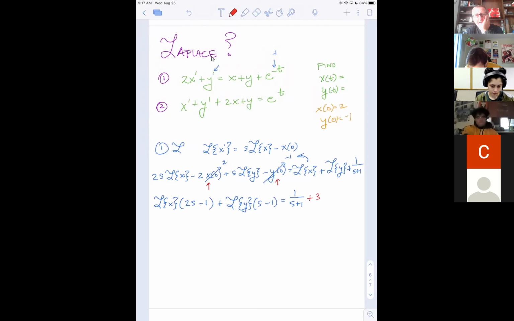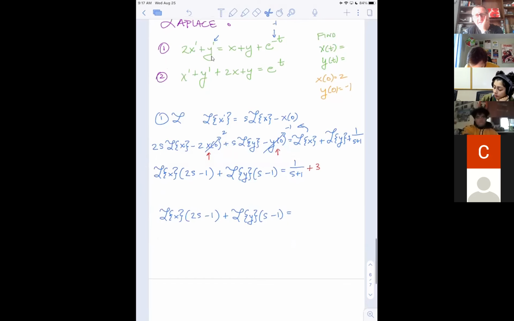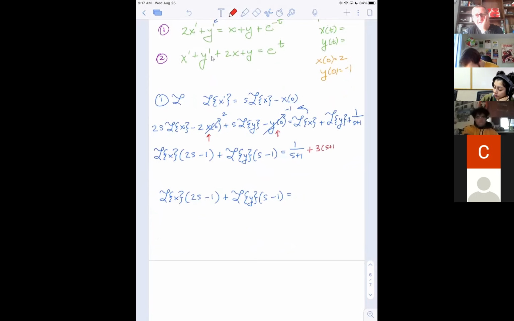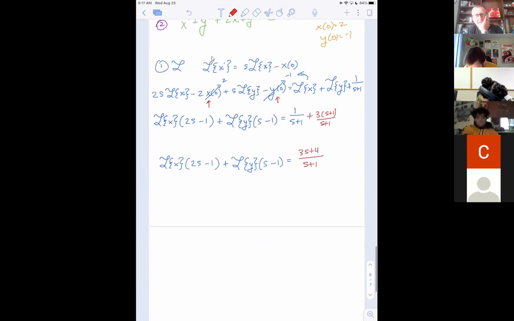Is that helpful? I don't know if this is necessary, but I think I'll find a common denominator here so I can add those. So I guess that'd be 3s plus 3 plus 1. So it'd be 3s plus 4, if that's necessary.